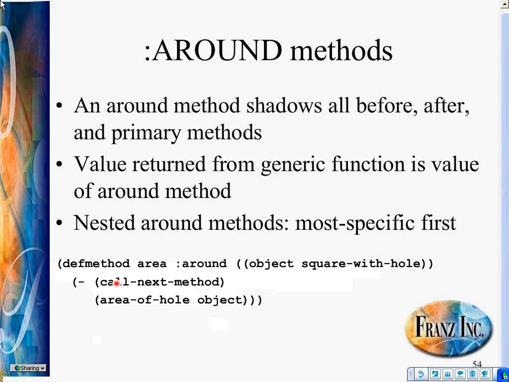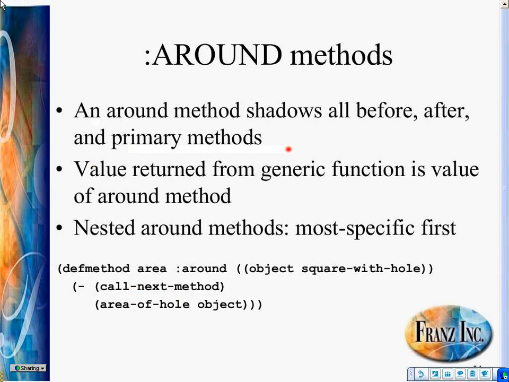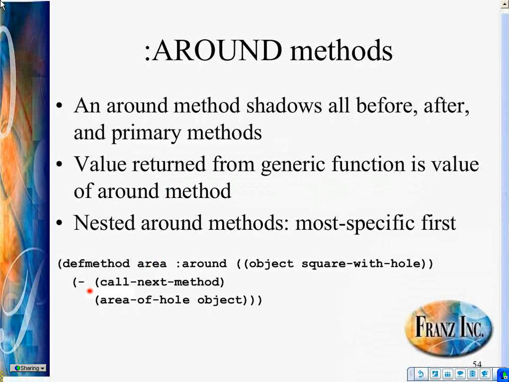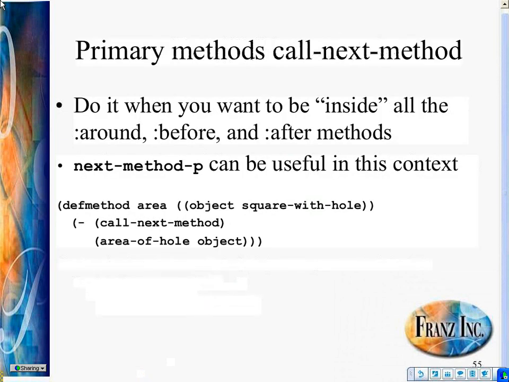If there are no before methods, call next method will call the primary method. So the way that an around method doesn't just shadow and prevent other methods from running is by calling the operator call next method. And if you don't have a call next method in there, then none of the other methods will be run.